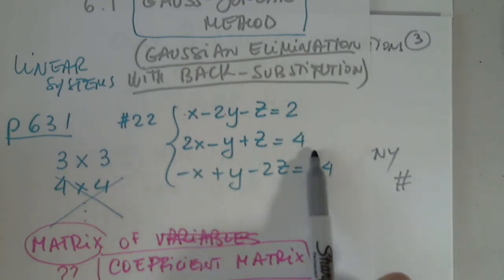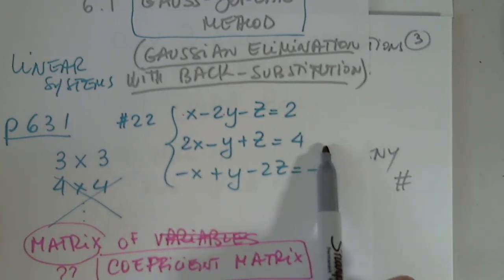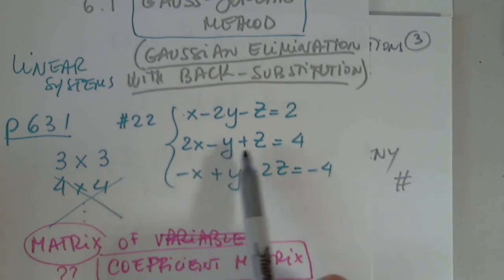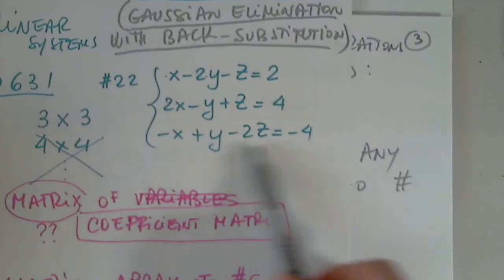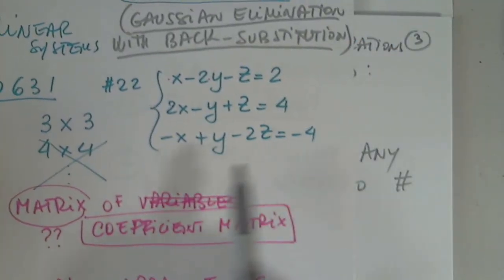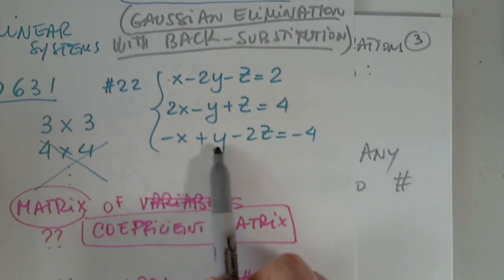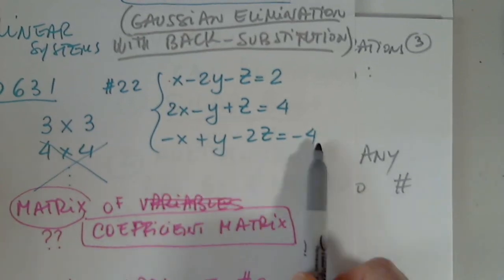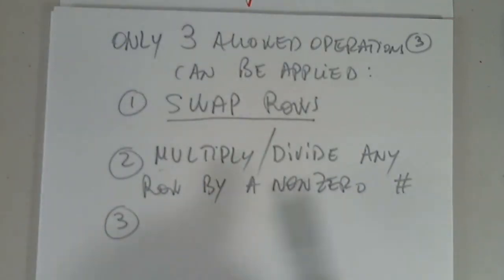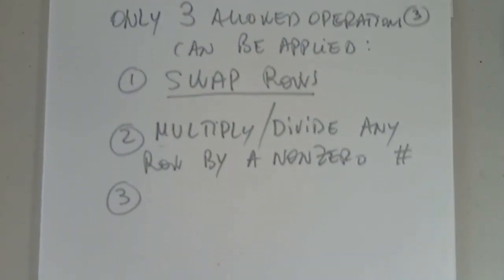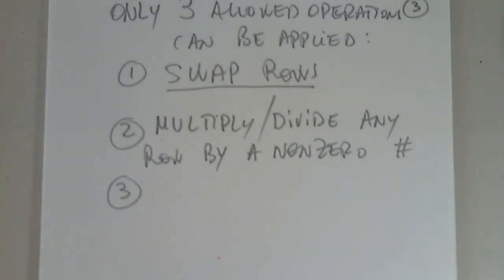I can multiply this equation by 3. 6x minus 3y plus 3z equals 12. I can always do that. Can I divide this equation by 5? I wouldn't, but I could. -1/5 x plus 1/5 y minus 2/5 z equals -4/5. Of course I can. So I'm allowed to multiply or divide any row by a non-zero number. And the last one now.